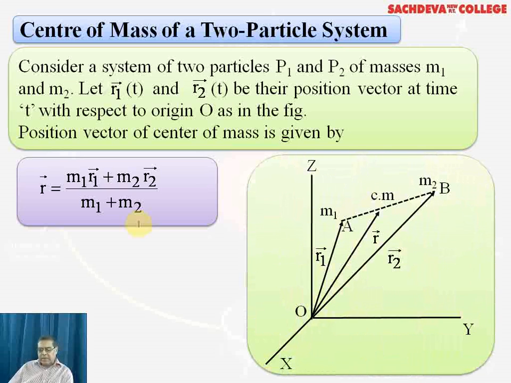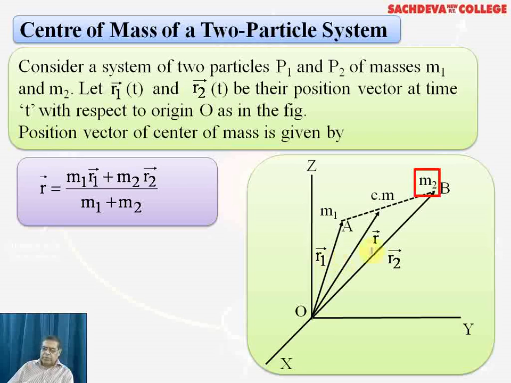Now in the figure, along the x-axis, y-axis and z-axis, our discussion is strictly in three dimensions. M1 is the mass and R1 is the position vector from the origin, the coordinates of the origin being 0, 0, 0.